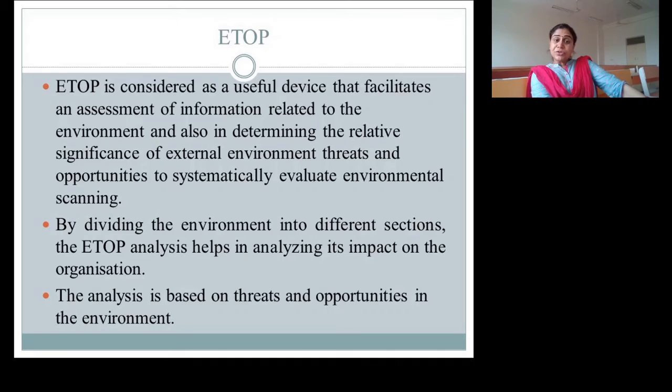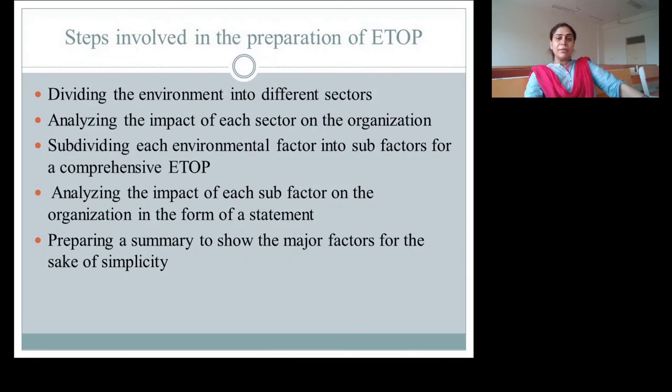It also tries to divide the environment into different sections, so it helps to analyze the impact on the organization. It is based on threats and opportunities, and just as we have discussed in point number one, it is always based on the threats and opportunities that are coming up in the external environment for the organization. So there are various steps and the procedure to follow for the ETOP. First, you have to divide the environment into sectors. Then you analyze the impact of each sector on the organization.